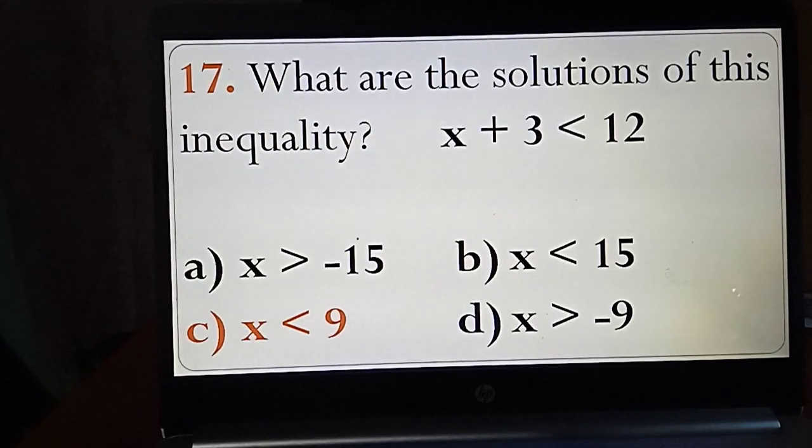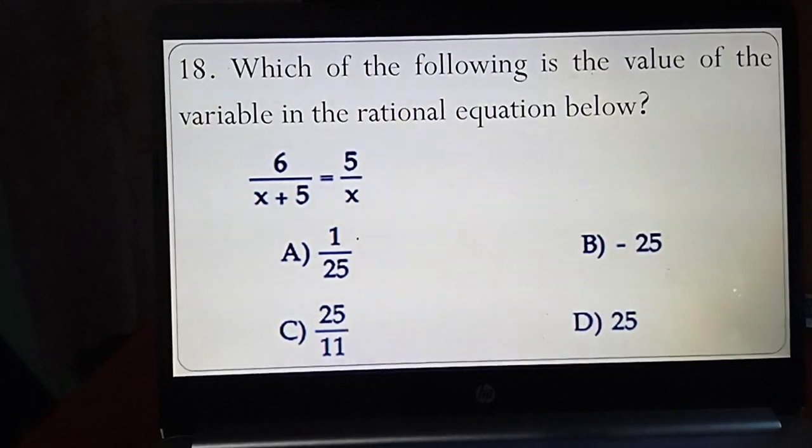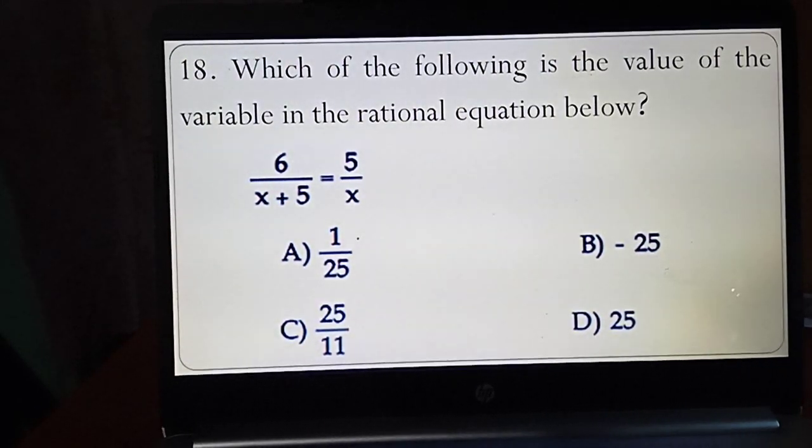Okay. For number 18, which of the following is the value of the variable in the rational equation? 6 over x plus 5 equals 5 over x. So we cross multiply 6 times x, so 6x. Cross multiply x plus 5 to 5, so that is 5x plus 25.